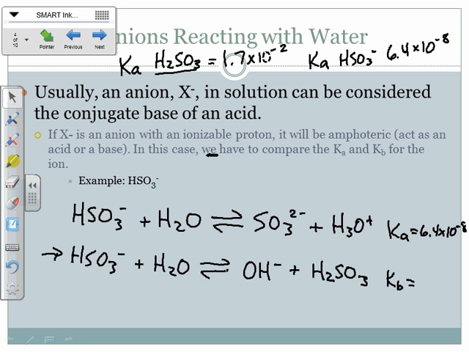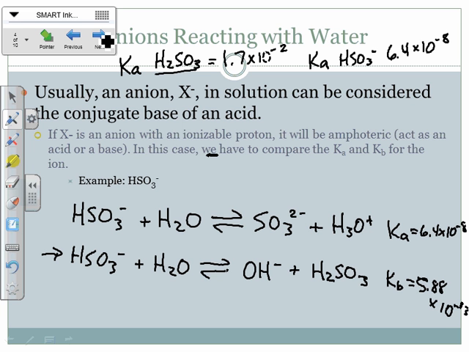And that's going to give you a Kb of 5.88 times 10 to the negative 13th. Okay, so that's the idea on that one.